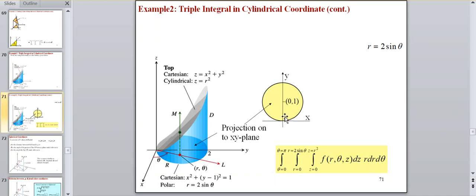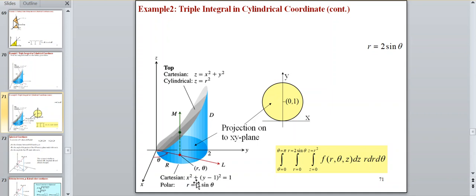Why? Because we are going to find the limits for r and theta. To cover this circle using polar coordinates, theta is from 0 to pi. But what about r? r is from 0 to this circle. So you have to get the polar equation of this circle such that r is a function of theta.